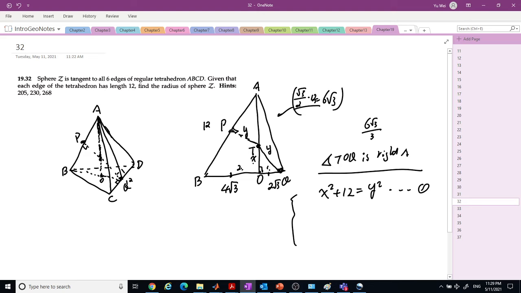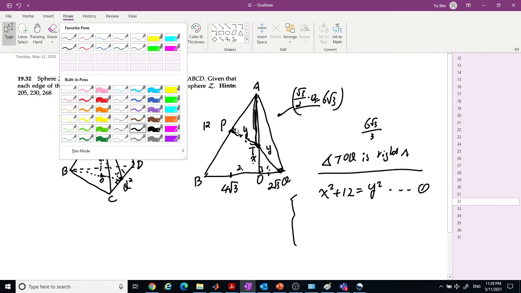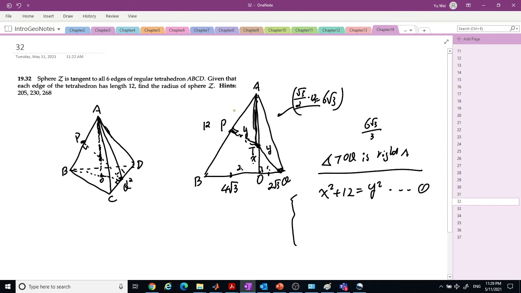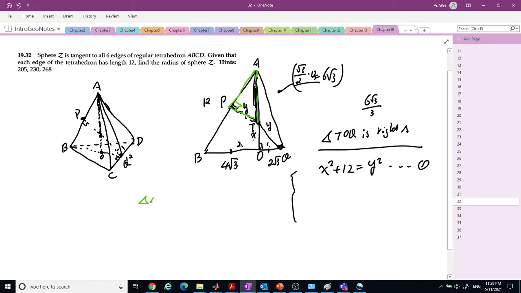The second equation is from triangle ATP. The second one is from the fact that triangle ATP is similar to triangle ABO.